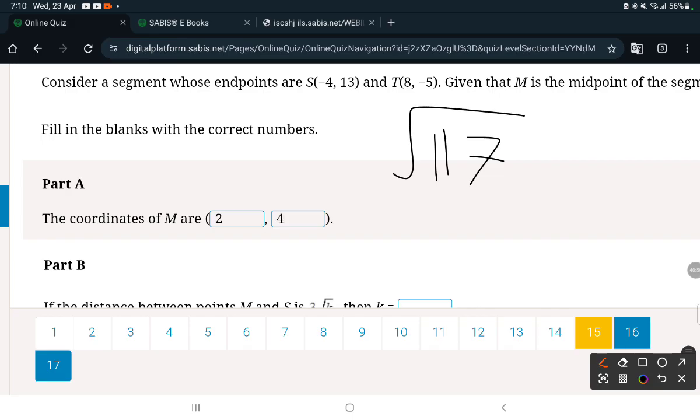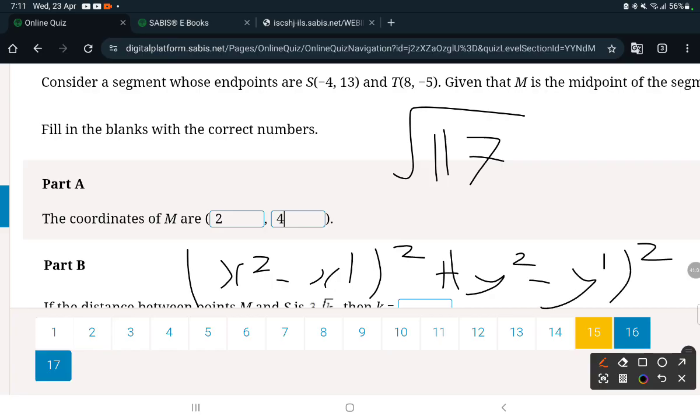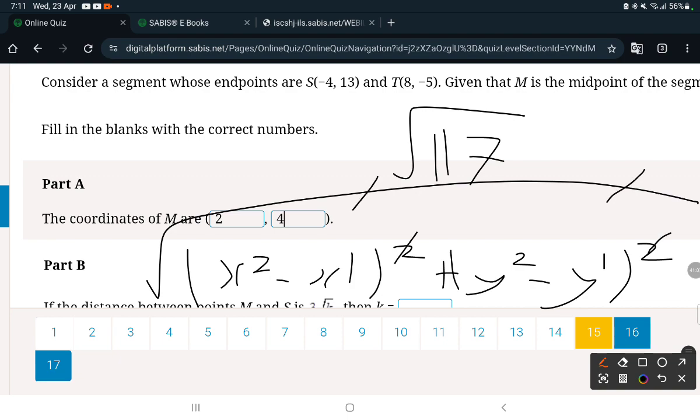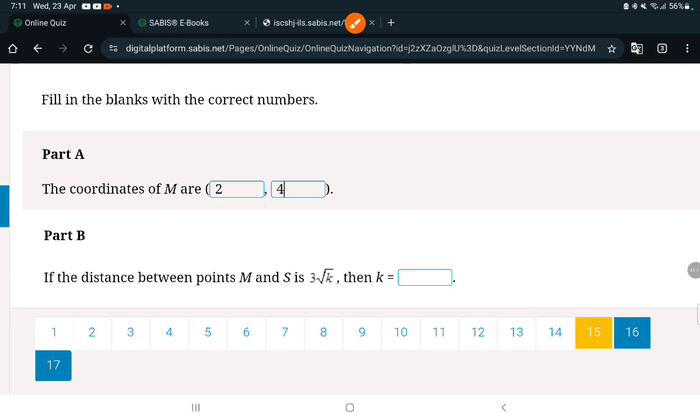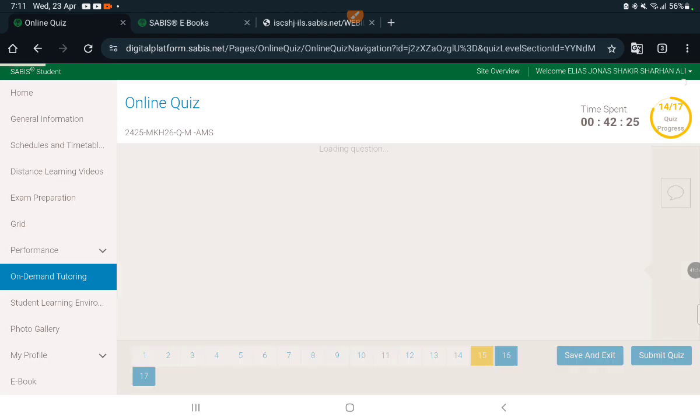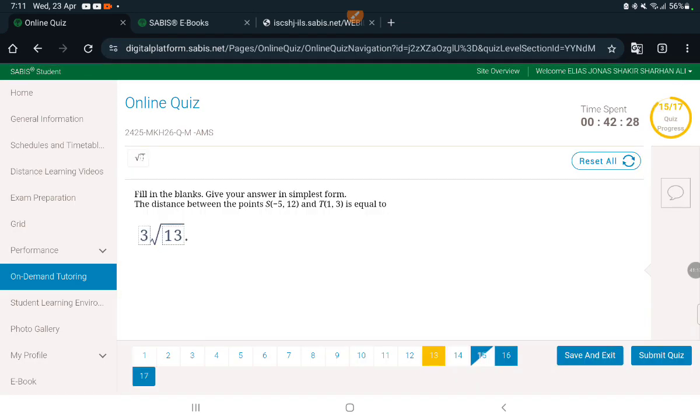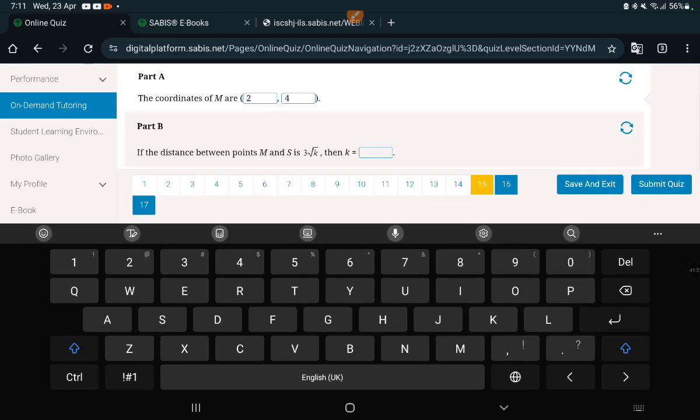Always remember the distance formula is x2 minus x1 squared plus y2 minus y1 squared, and then all of it in a radical. And no, you can't just cancel out the squares like this. So we have radical 117, which is the same thing we got from the other question: 3 radical 13. So k is going to be 13.